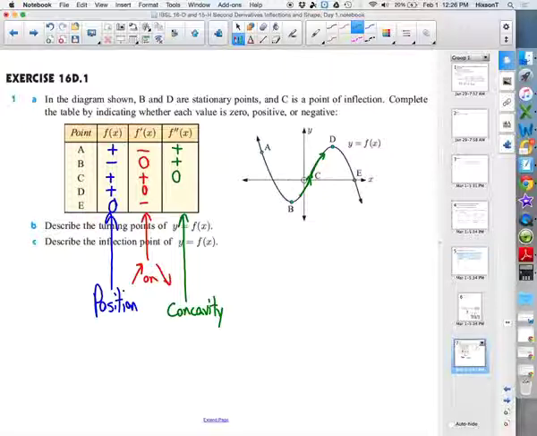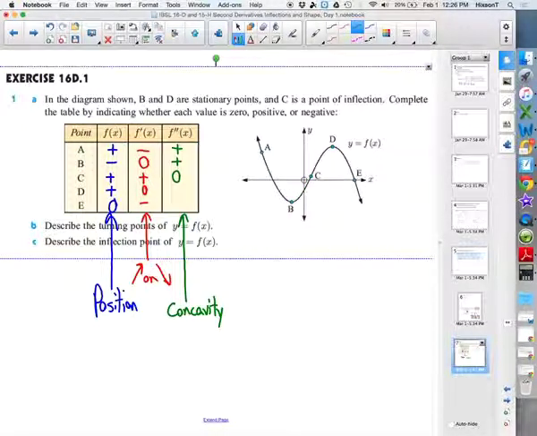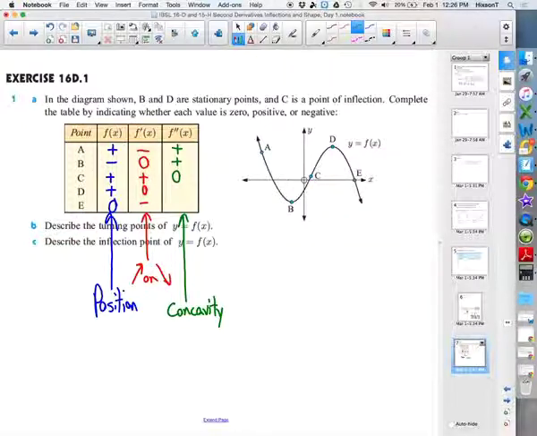You still have the momentum to where you're speeding up after passing that min point, but then it starts to slow down as you approach the max point. So C is that point of inflection. D, we would say we're concave downward, so the second derivative is negative. And at E, our second derivative is negative.